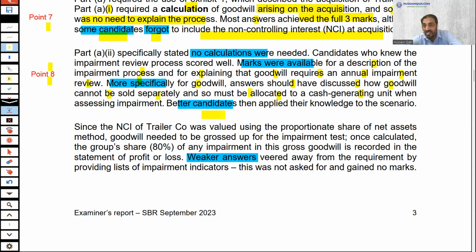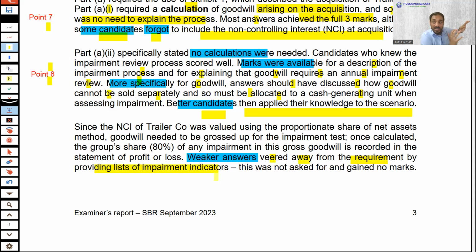Very important: what does the examiner say about better candidates? You should be a better candidate. You should be part of the better candidates. They apply their knowledge to the scenario that we discussed here, the NCI proportionate method. Weaker answers veered away from the requirement. If you draft your answer on something other than the requirement, for example providing a list of impairment indicators, veered away means you ignored or were not able to understand the requirement exactly.